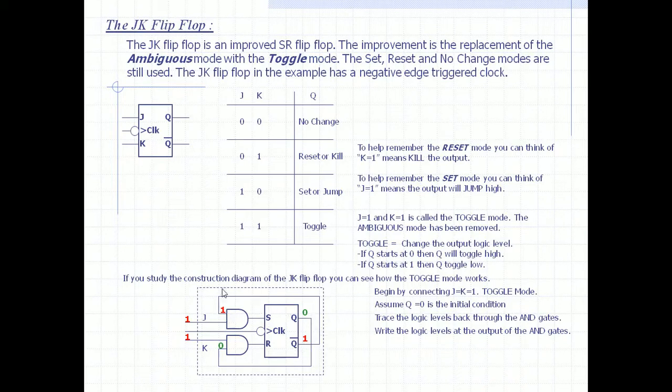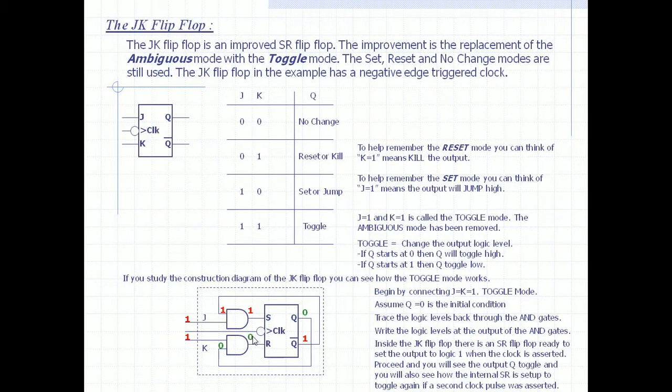This is 1 and 1, so this goes to 1 and this goes to 0. So 1 AND 1 is 1, 1 AND 0 is 0. So we have 1 and 0 input to the SR, 1 and 0 input to the SR.